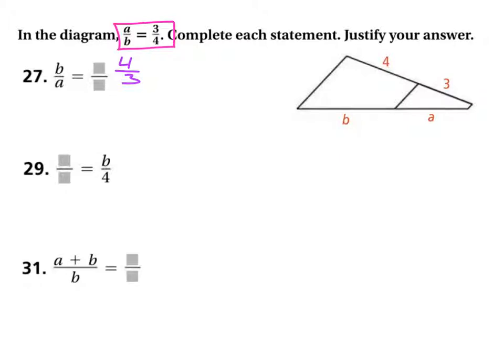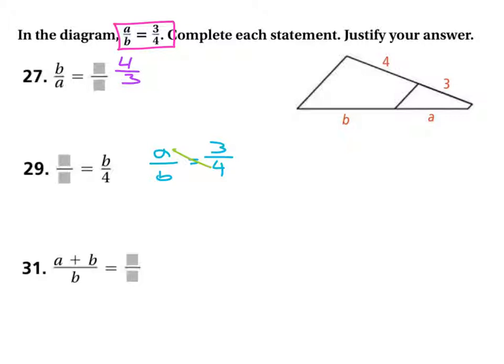Okay, well, I'm going to actually write out what we're given here. A over b equals 3 over 4. And we're going to apply two separate rules here. One rule says that we can swap out the diagonals of 1.